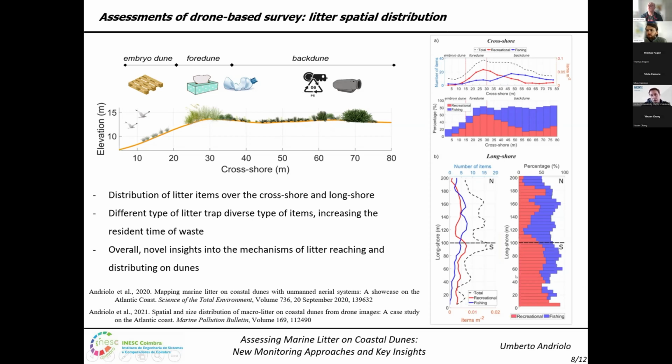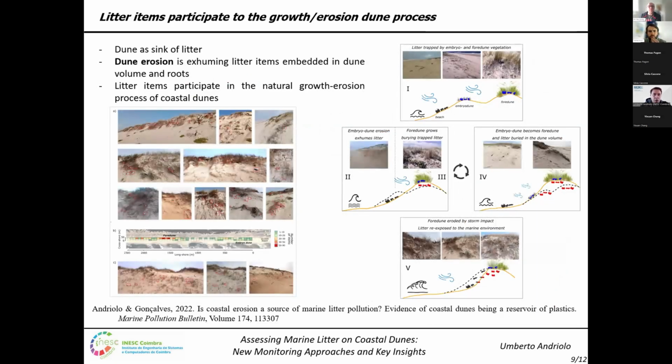And then we found that the recreational items were closer to the car park in the southern area, whereas the north area, which is more natural, was most polluted by fishing-related items.